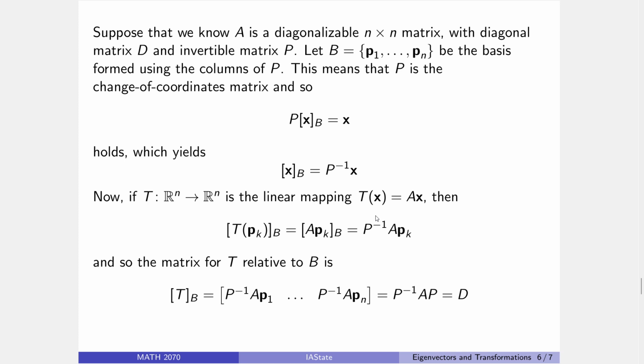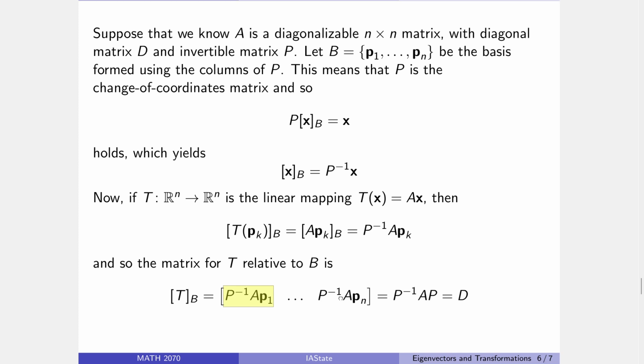We remember that the matrix for T relative to this basis B has to be the one with these as its columns. But as we remembered from the last video, if you have a matrix whose columns are a matrix times these vectors, and the columns of P are those vectors, then this matrix is precisely P inverse AP.